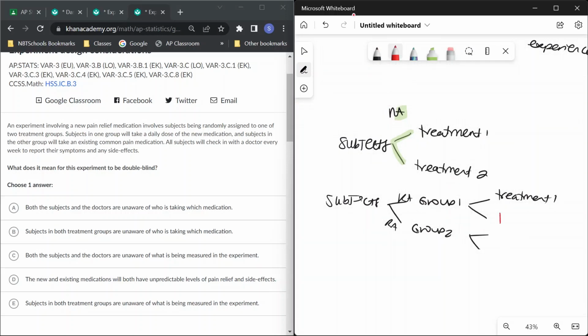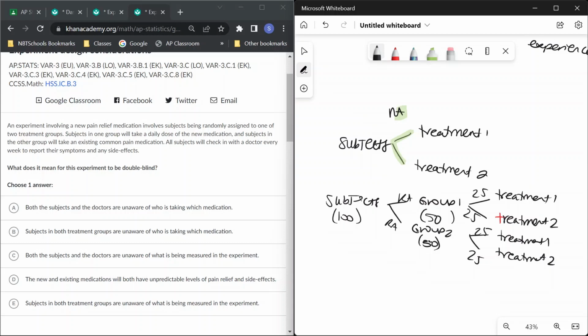So then treatment 2, treatment 1, treatment 2, and then you would write how many people there were. So if here were 100, you would want to do 50, and here you would want to do 50. And then you would do 25, 25, 25, 25. Just to have nice numbers.